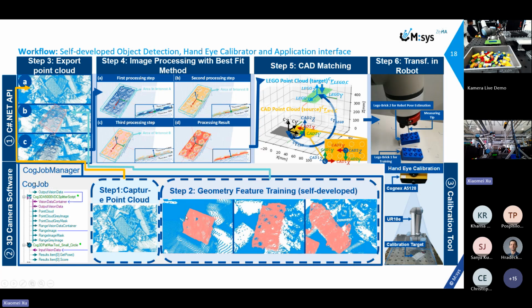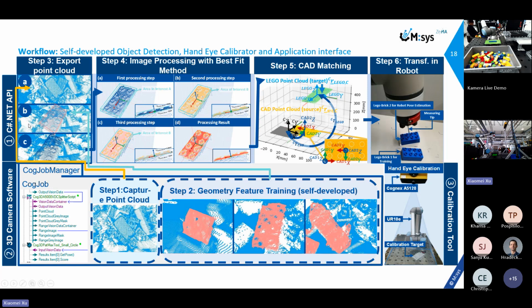This is what we were doing before in step 2, but now we have our self-developed object detection tool, which I will show in detail later. The first step is to explore the point cloud view based on the point cloud of the Lego brick surface.